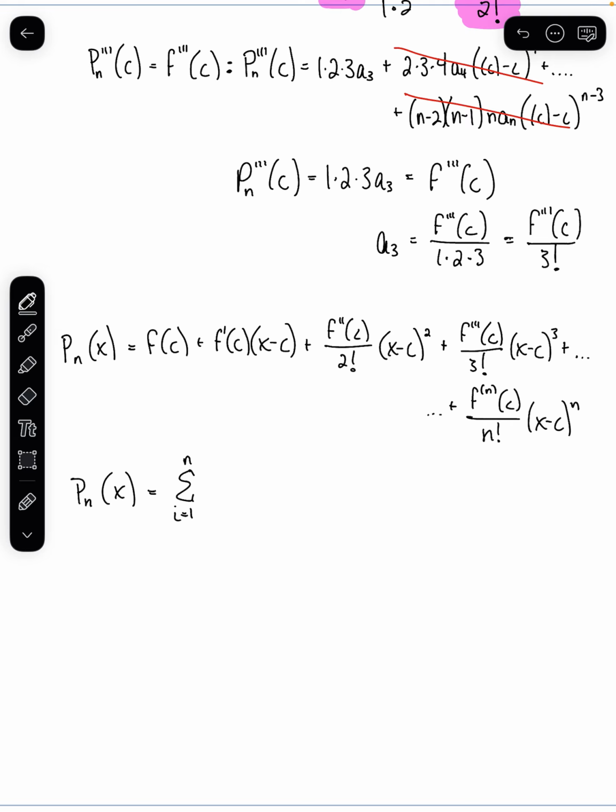A partial sum, not an infinite sum here, starting at i equals 0, where each term has a coefficient a sub 0, a sub 1, a sub 2, a sub 3, and x minus c to a power: x minus c to the 0, which does not get written, x minus c to the first, x minus c to the second, and so forth, where each a sub i, as we showed previously, has a very particular relationship.